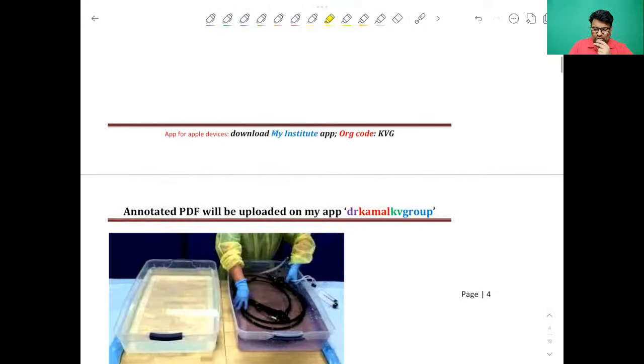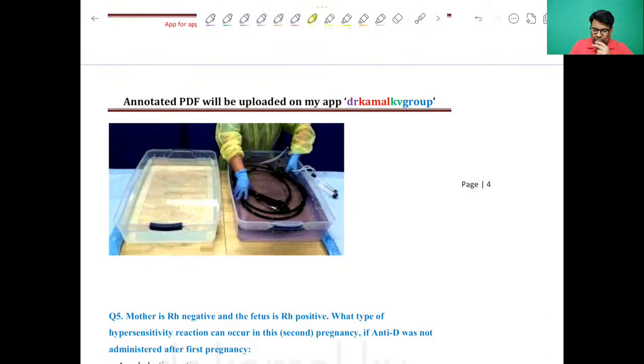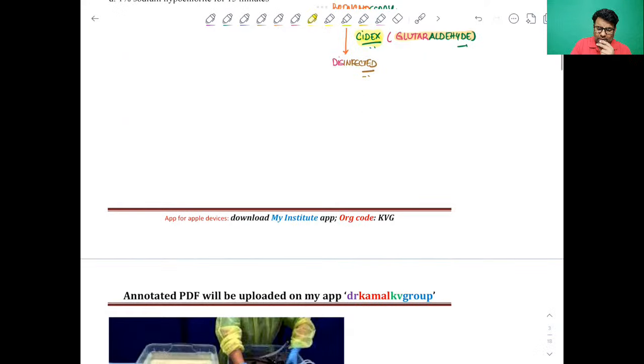So now this is the picture here, and you can see the instrument, it has been submerged into the Cidex solution, and then it is kept for around 20 to 30 minutes. Let it be disinfected properly, then it will be used in the next patient, right? So any instrument which ends with scope, so it can be bronchoscope, it can be endoscope, it can be cystoscope.